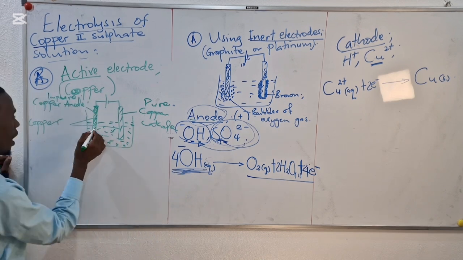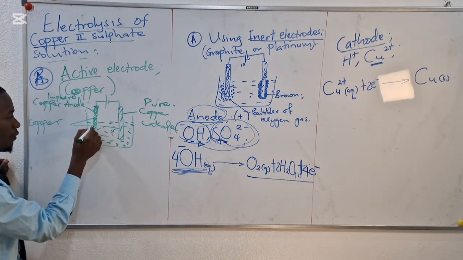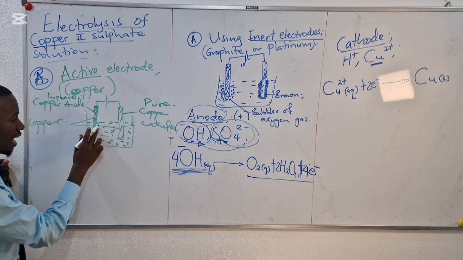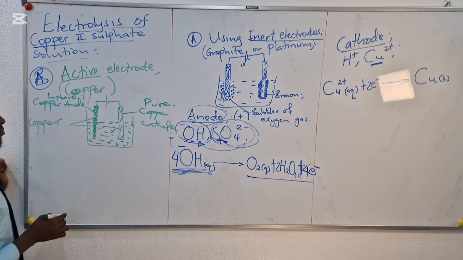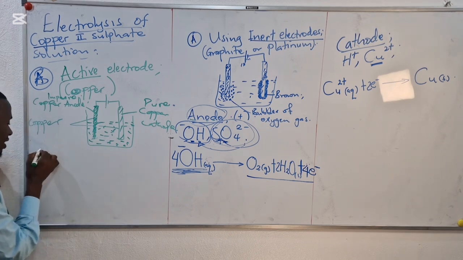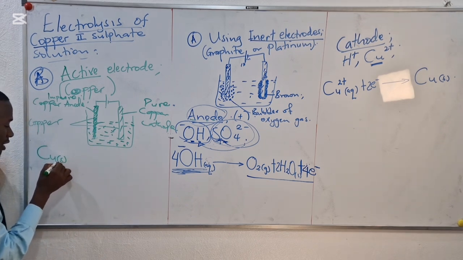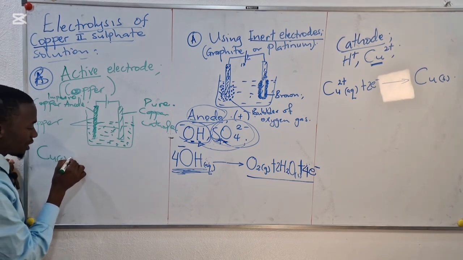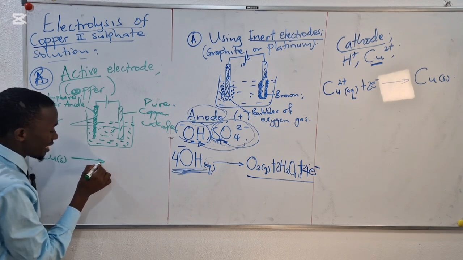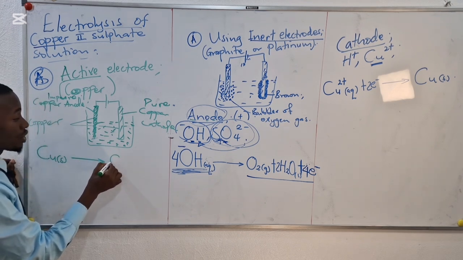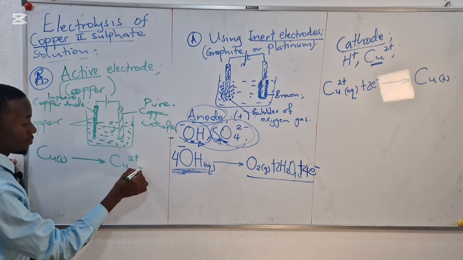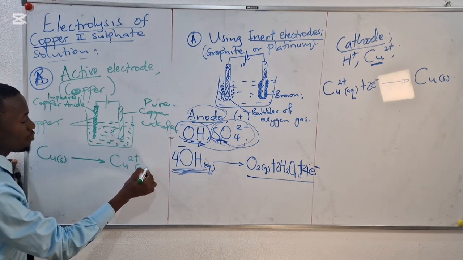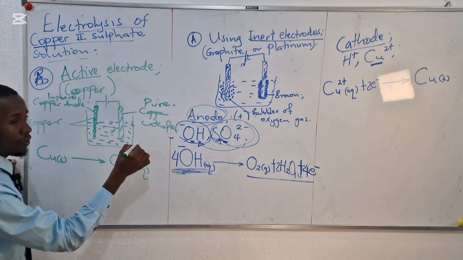Instead, the electric current will start dissolving the impure copper anode, and the impure copper anode will start dissolving and decomposing within the electrolyte to give ions of copper. And this will be as a result of loss of electrons.